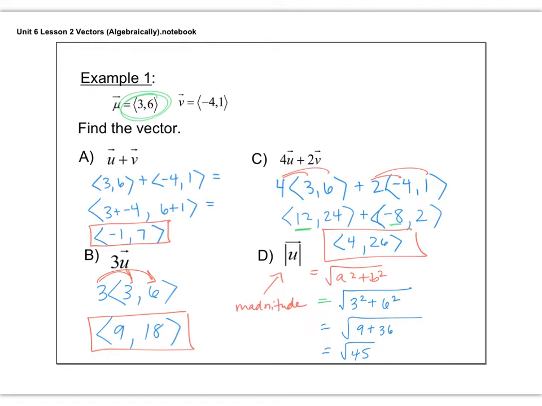I want to simplify that. 9 goes into that, so I can rewrite it as root 9, root 5. The square root of 9, the reason I picked that is it's a perfect square, is 3. And because it's a magnitude, we do not want a negative. It will be positive. It's a distance, so we don't have to worry about plus or minus. We can just say the magnitude of vector u is 3 root 5.